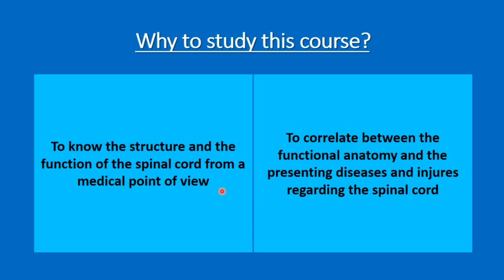For example, if someone came to you stabbed with a knife in his back, he will of course have certain criteria that make it very easy to identify the site of the injury, and so we can make a differential diagnosis, and we know exactly what location has been damaged and how this could affect this patient.